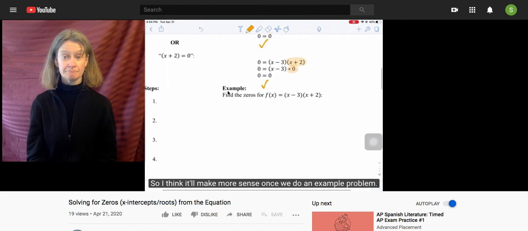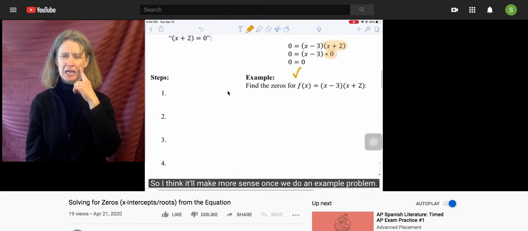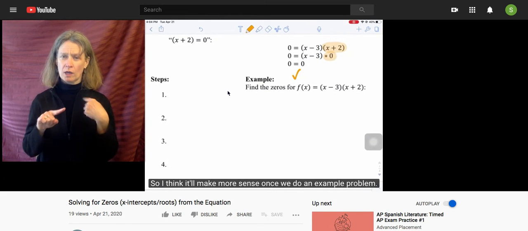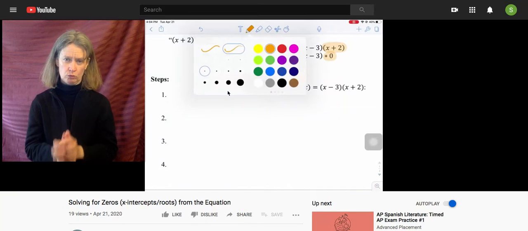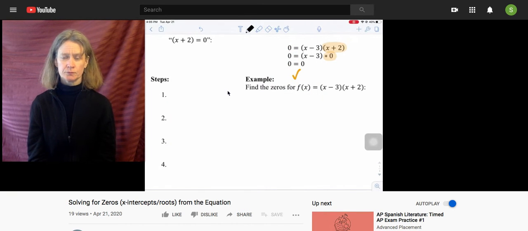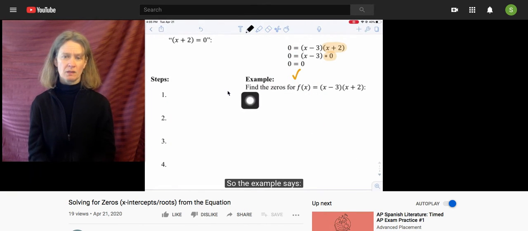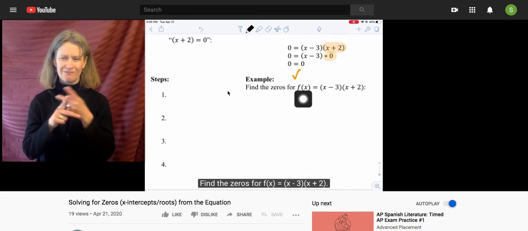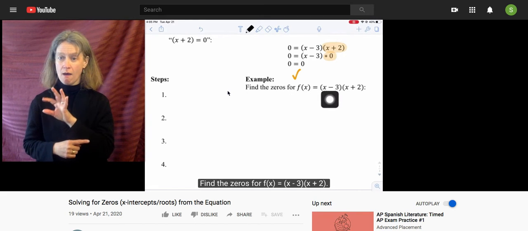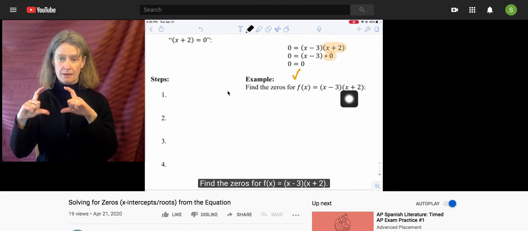So I think it'll make more sense once we do an example problem. So the example says, find the zeros for f of x equals x minus 3, x plus 2.